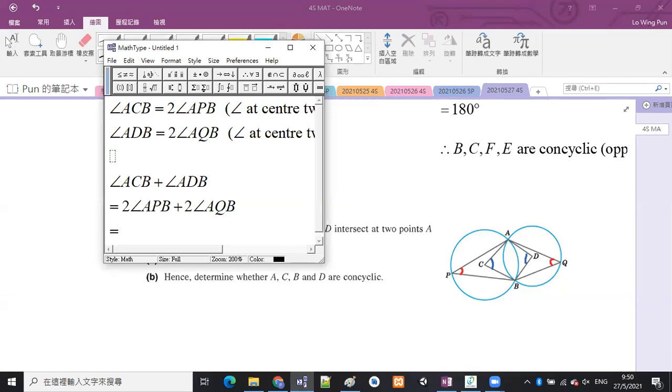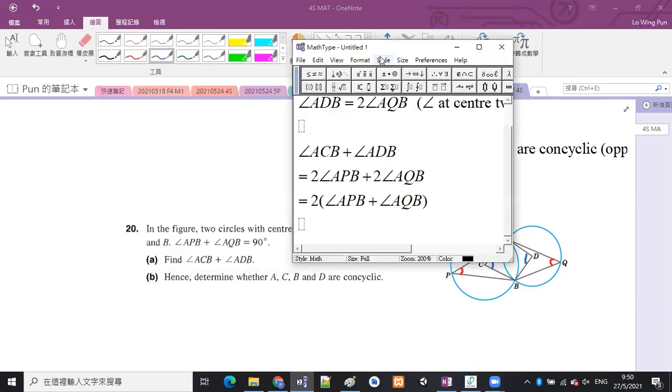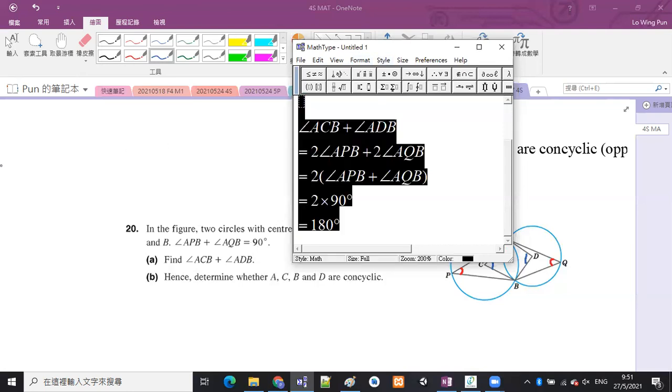So let's take out the common factor 2. And then the remaining factor is angle APB plus angle AQB. But don't forget that there is a special condition here. Angle APB plus angle AQB is equal to 90 degrees. Okay? So this bracket is exactly equal to 90 degrees. So it's 2 times 90 degrees. That should be 180 degrees. Okay? So that is the answer for part A.